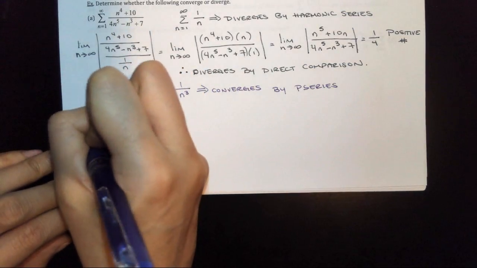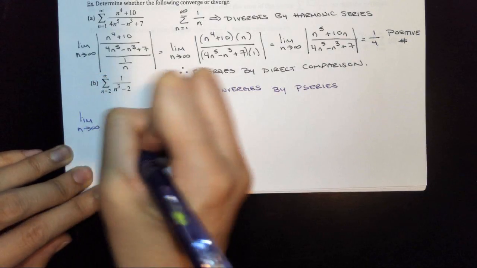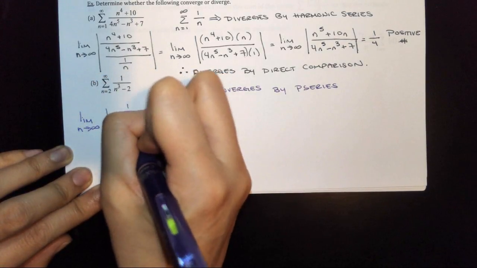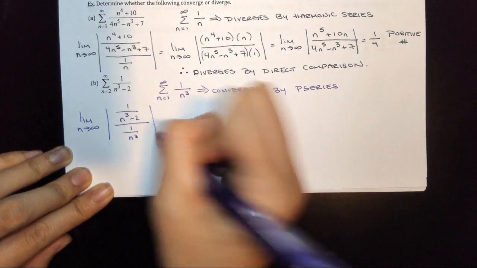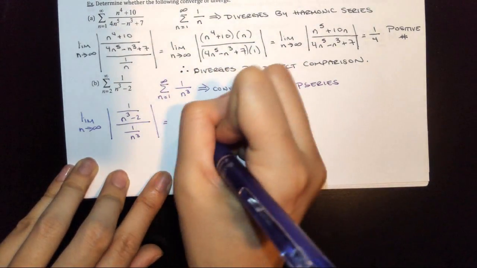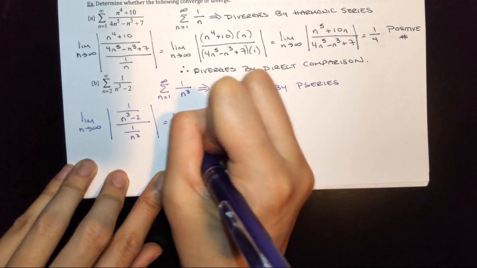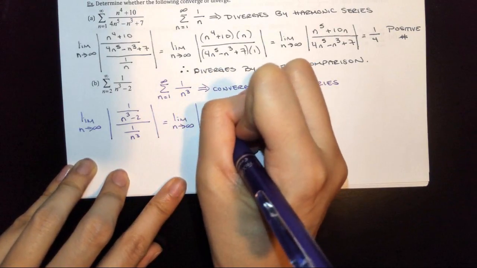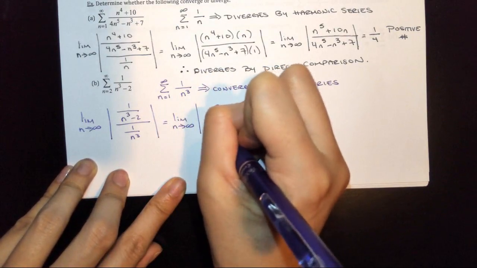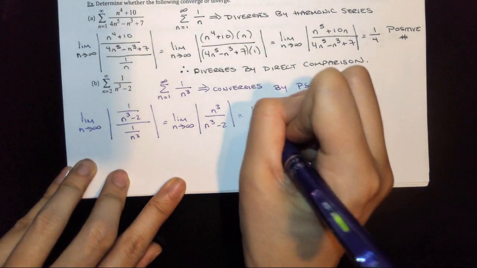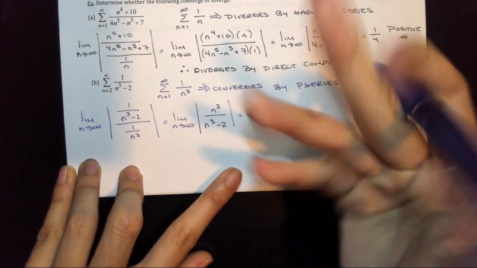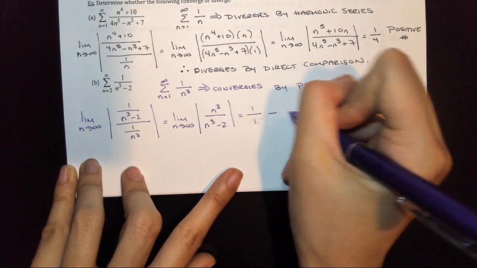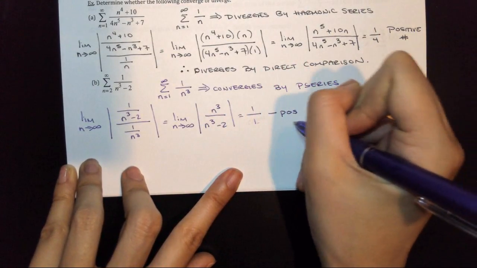I'm going to do limit comparison and divide that by that. Simplify by multiplying by the reciprocal. So this equals 1 over 1, which is positive and finite.